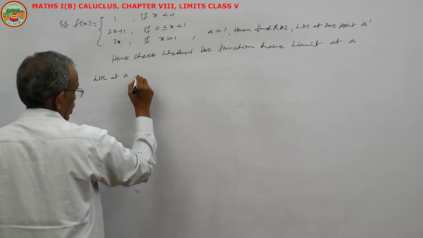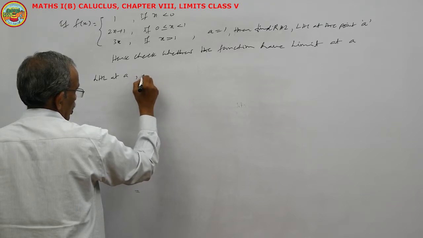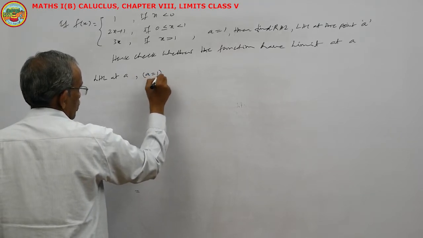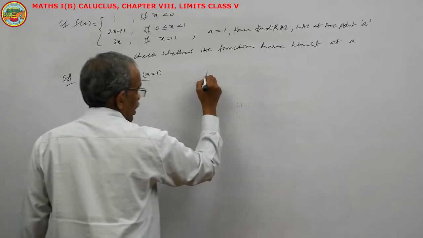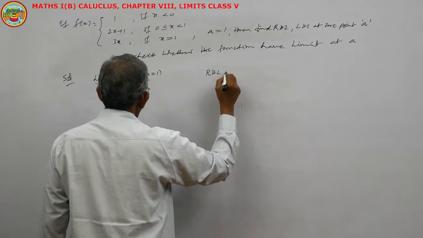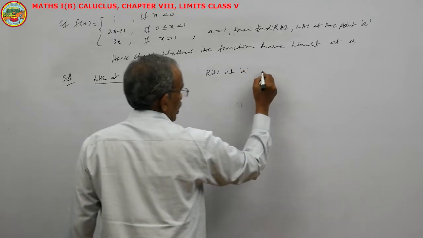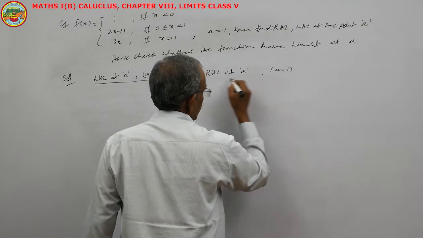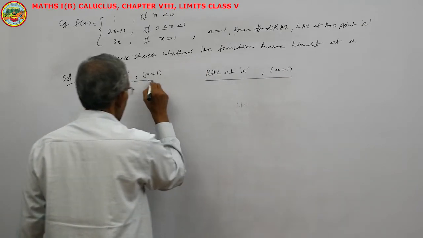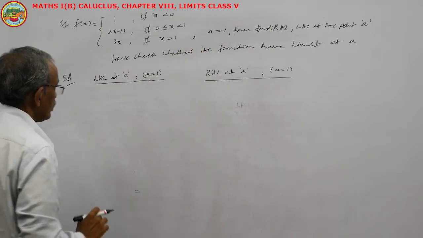Let us write A is equal to 1 beside it, and similarly RHL at A. Here, given that A is equal to 1.